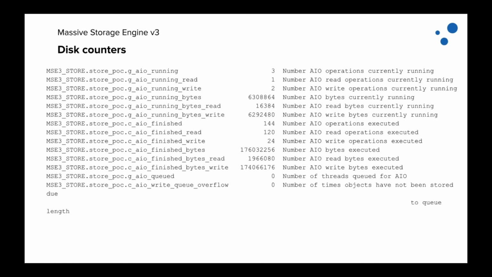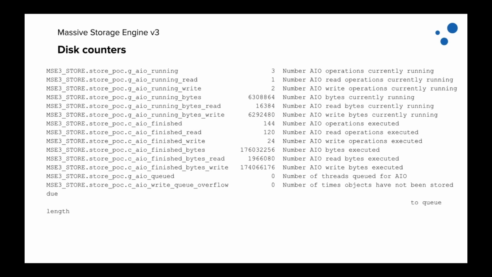You will have your lists of the IO operations that are currently underway, broken down into read and write operations, and then you will have the same again for the total size of those operations that are underway at the moment. The total size of the vectored IO that are queued with the kernel for execution by the drives. So that shows what the system is doing at the very moment.